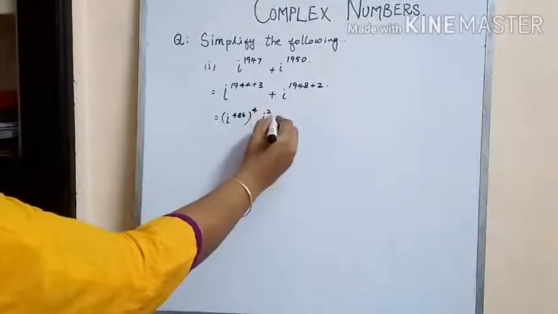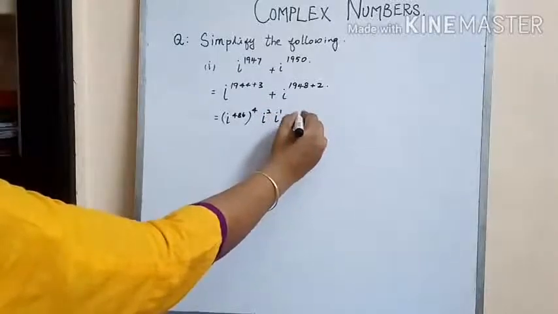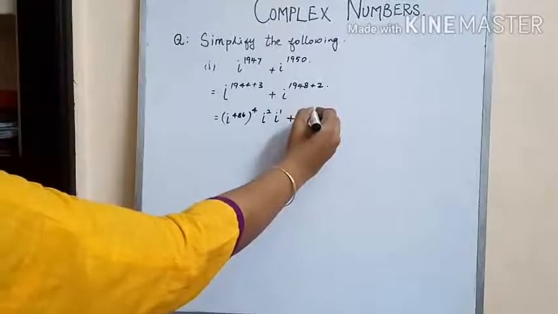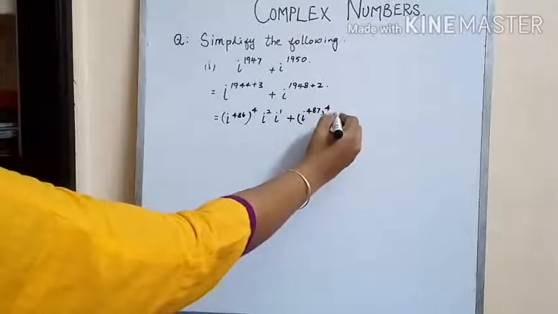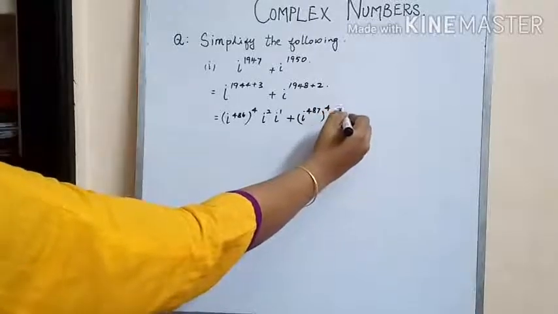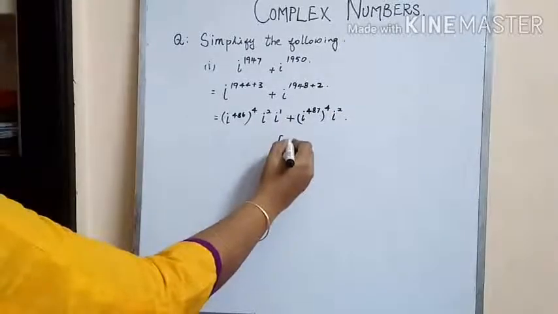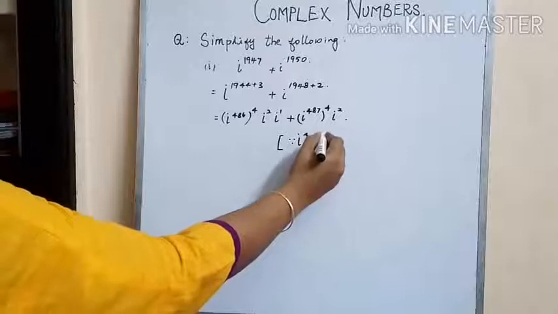And i cubed can be split as i squared into i. i to the power of 1948 is split into i to the power of 4, whole to the power of 487, into i squared. We know that i to the power of 4 is equal to 1.